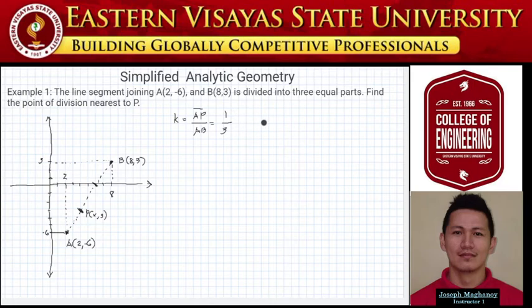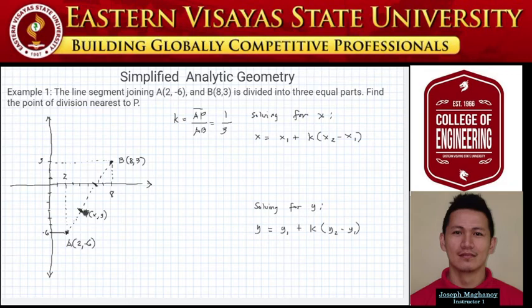Solving for x, x is equal to x sub 1 plus k times (x sub 2 minus x sub 1). And solving for y, we have y is equal to y sub 1 plus k times (y sub 2 minus y sub 1).